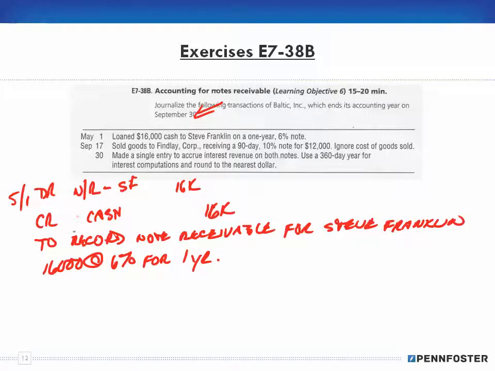Okay, that would be the description that I would write for the recording of this note receivable.